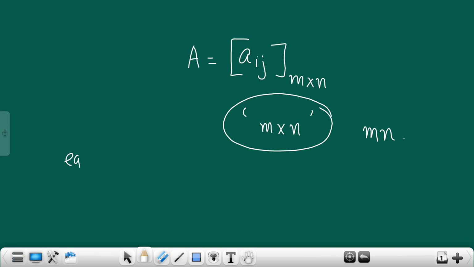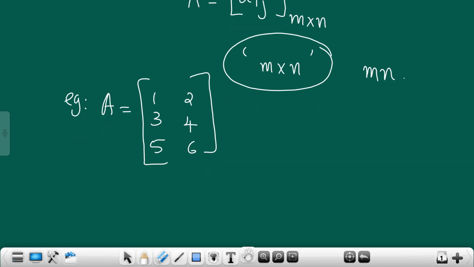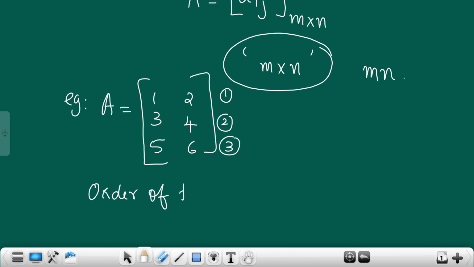For an example, A is a matrix 1, 2, 3, 4, 5, 6. Here, order of this matrix: first we write number of rows. Number of rows is 1, 2, 3. So, order of the matrix equal to number of rows 3 by number of columns 1, 2, so we can write 2.